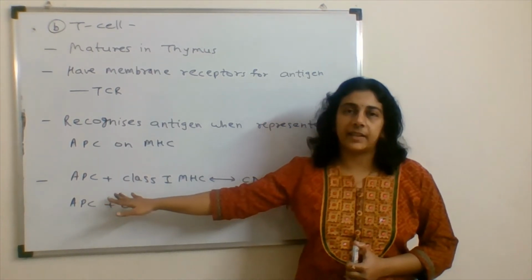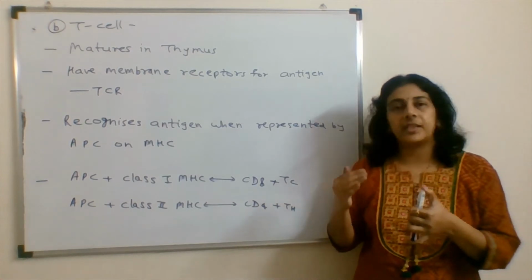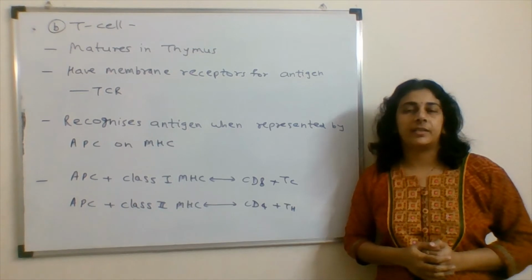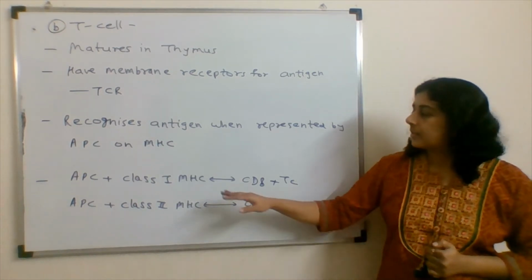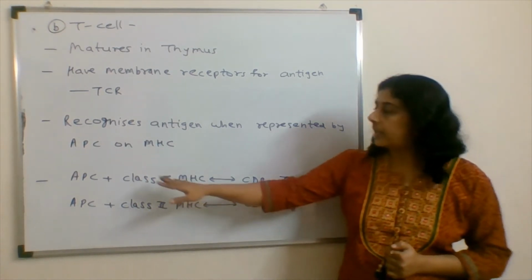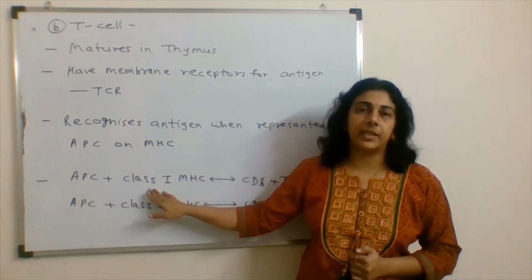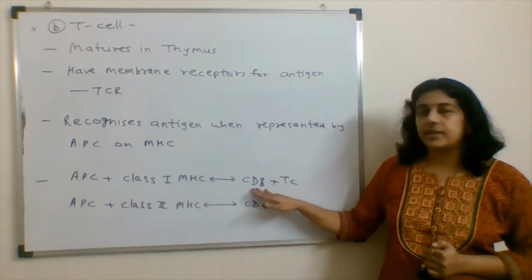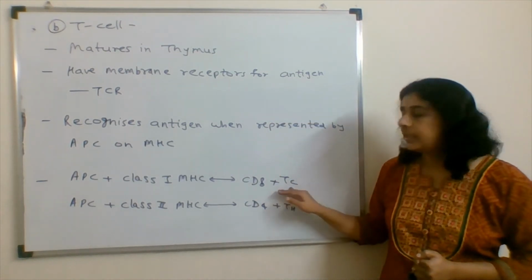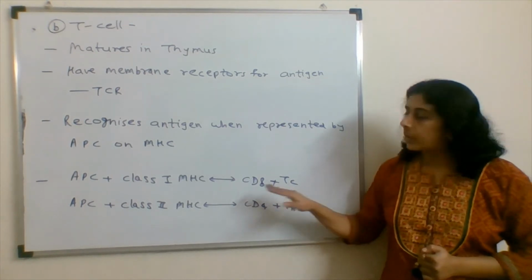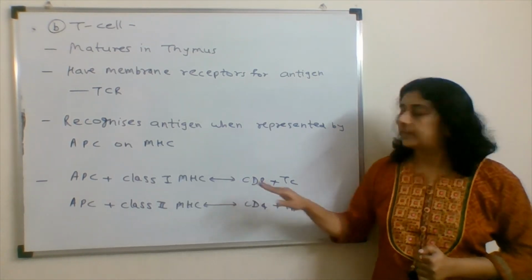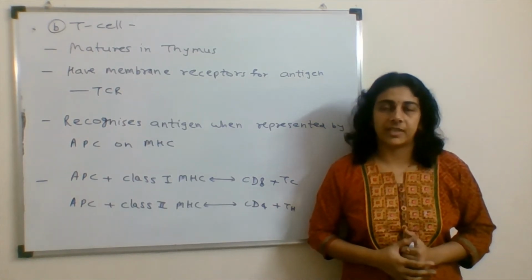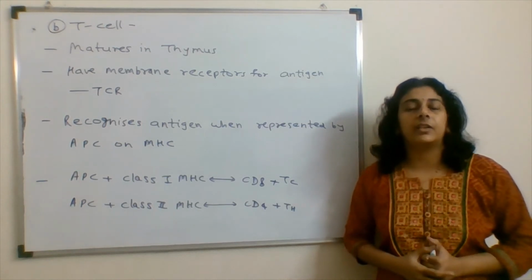Antigen presenting cells are different, which have MHC molecules on them, and with this MHC molecule, antigen is presented to T cells. These combinations are fixed. If the antigen presenting cell is presenting antigen on a class 1 MHC, then that is recognized by the CD8 molecule on a T cytotoxic cell. Once this recognition is done, this T cytotoxic cell converts to a cytotoxic T lymphocyte, and that leads to the killing of the target cell.